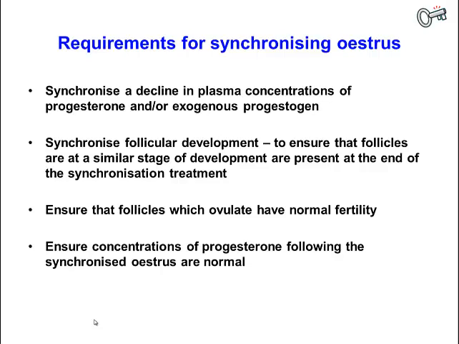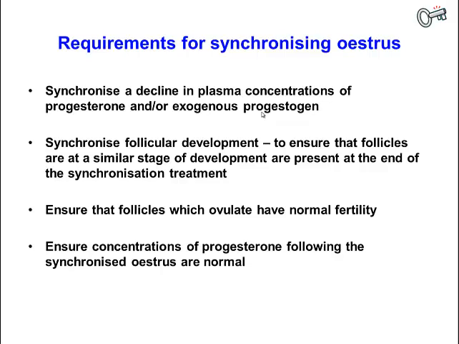Okay, let's talk a little bit about what are the requirements for synchronizing estrus. Again, this gets back to if I'm going to apply a protocol, what would I like that protocol to do, or what does it need to do if I'm going to get good synchrony and good fertility? The first point is I need to synchronize a decline in plasma concentrations of progesterone, or if I'm treating with an exogenous progesterone or progestogen, then I need to decrease those concentrations synchronously.